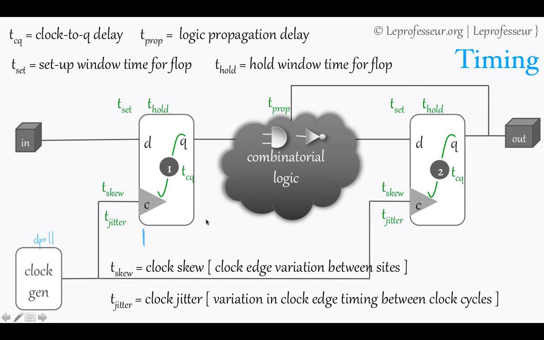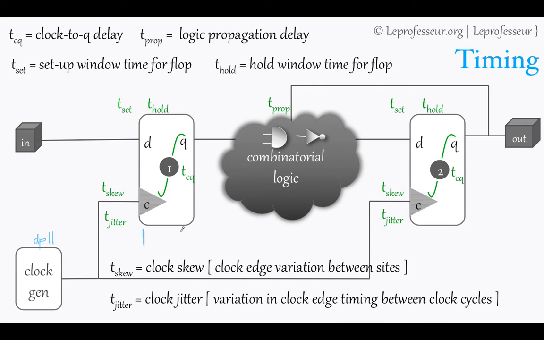And there is another parameter, skew. That is the clock edge variation between two different parts of the clock network. What it means is how much is the variation. The clock is coming at the source flop and the clock is going to the destination flop.